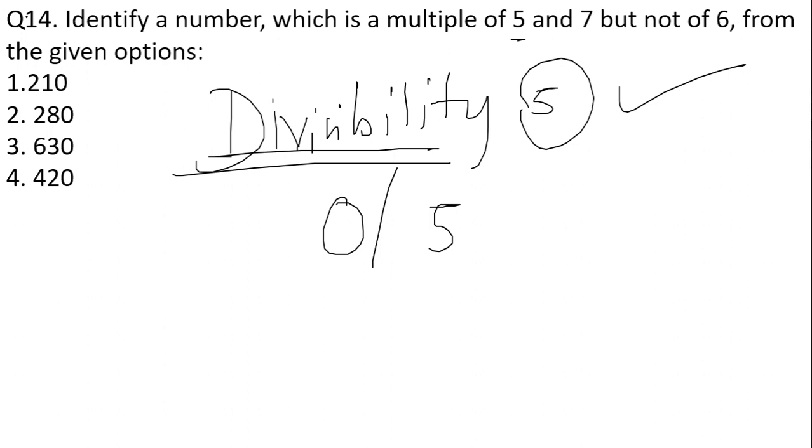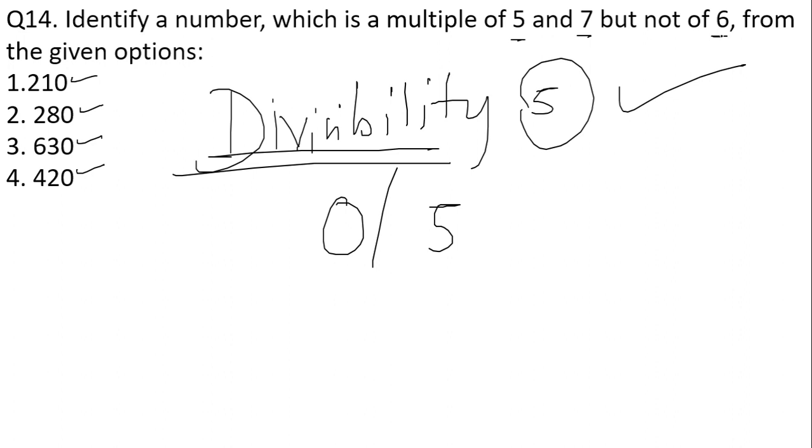If we check the options now, all of them contain 0 at the end, so all the numbers are divisible by 5. But what is the second criterion you have to see here? The number is a multiple of 5 and 7 but not of 6.